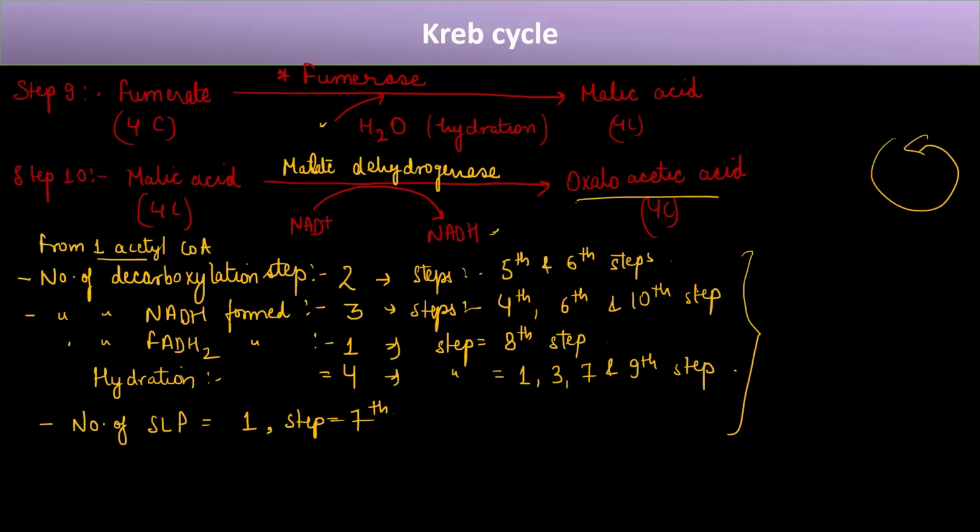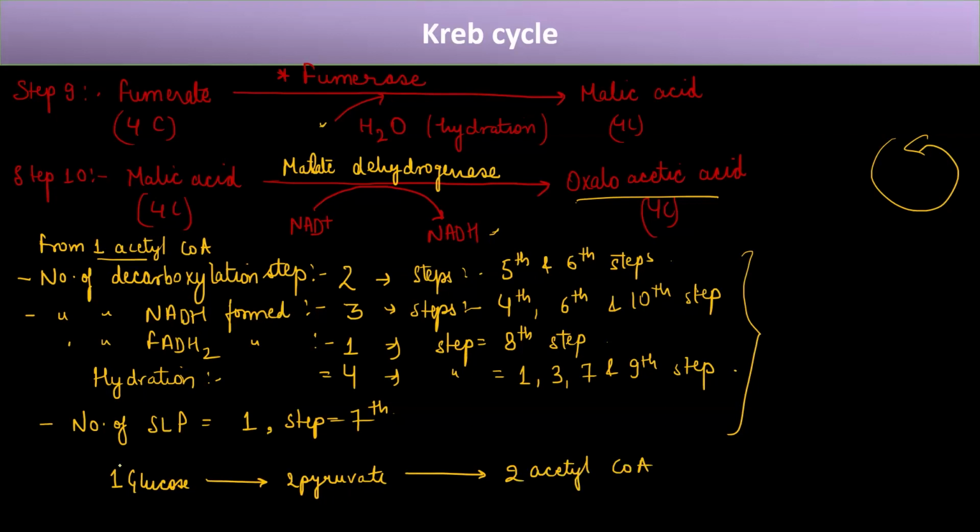But what we have seen is that from one glucose molecule, we have 2 acetyl CoA formed, right? What happens is that one glucose leads to the formation of 2 pyruvate, and 2 pyruvate lead to the formation of 2 acetyl CoA.